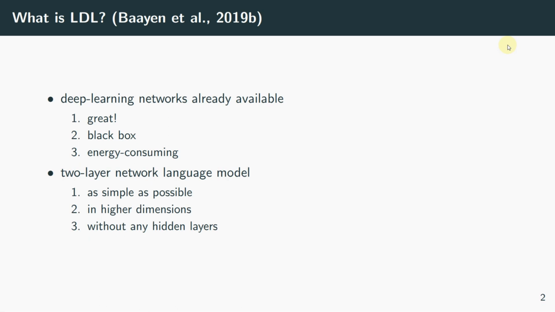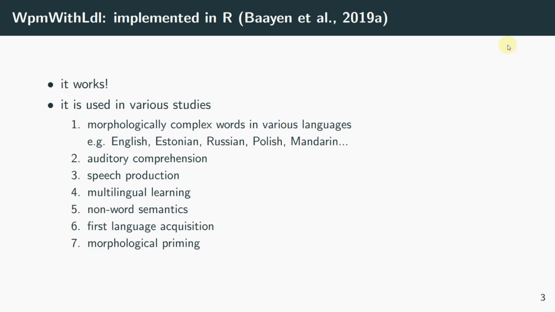Therefore, we want to build a new network model as simple as possible in a higher dimension without any hidden layers. Since we don't have any hidden layers, this model becomes transparent, and it is interpretable compared to deep learning neural networks. Then we want to see how far we can go with this model.